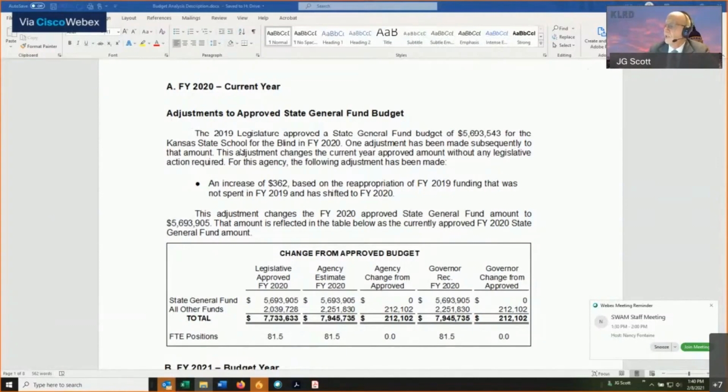So money that was not spent at the end of 2020, if it has that language in the appropriation bill, can move from 2020 into 2021, and the agency can spend that, and that would then increase their state general fund approved budget.